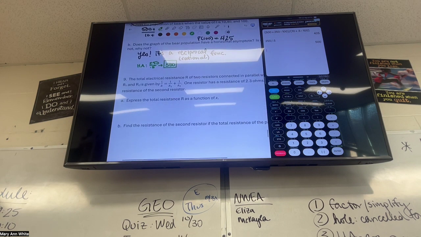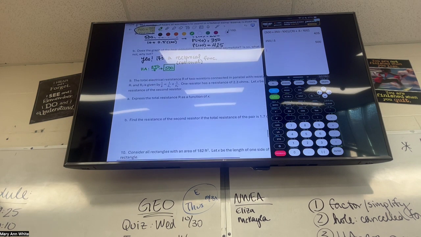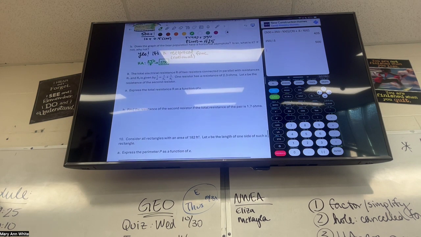This one, they also give us an equation. Now, I'm going to be very honest. I don't know like 90% of the words in that problem. And that's okay because they gave us an equation. The total electrical resistance R of two resistors connected in parallel with resistance R1 and R2, those refer to resistance, is given by this equation, 1 over R equals 1 over R1 plus 1 over R2.